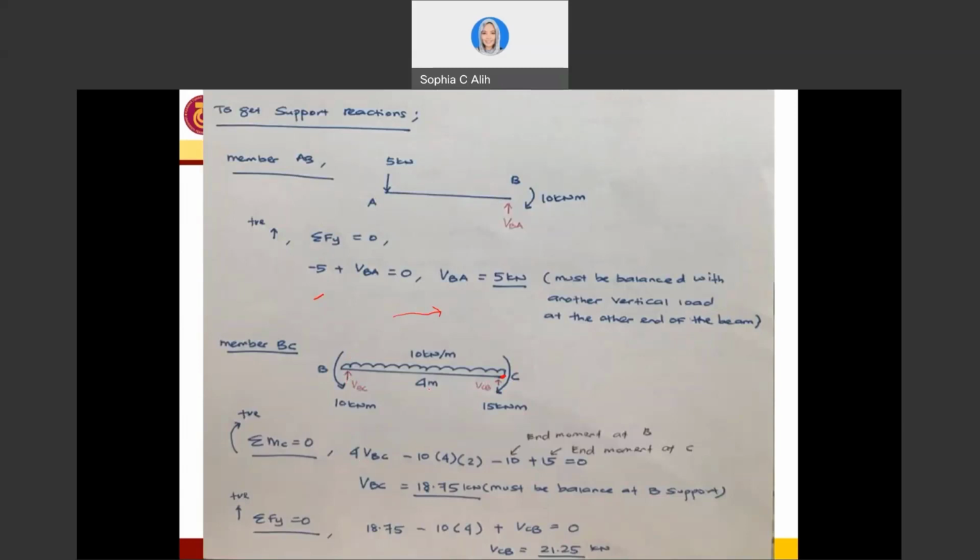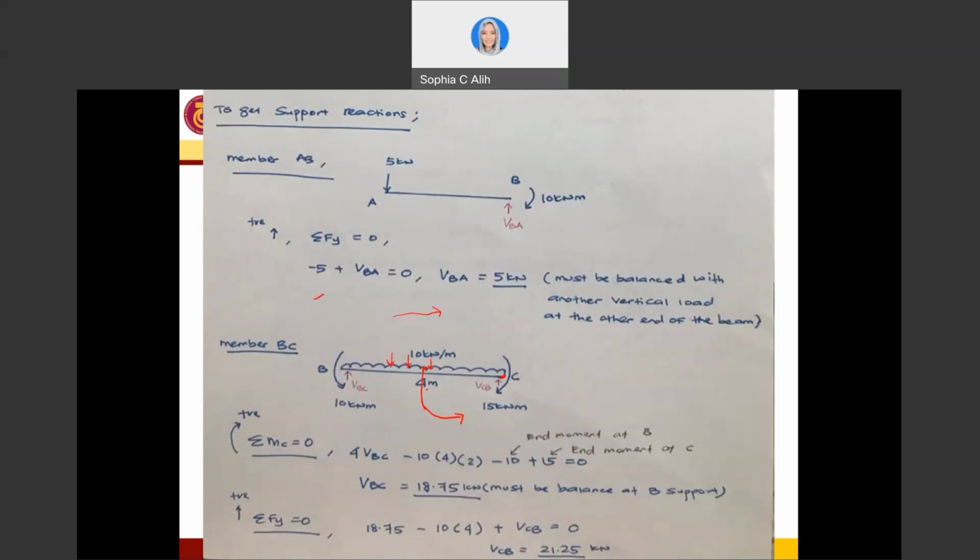So for the moment arm times VBC, then I will have this one pointing downward because this is the uniform distributed load. For this uniform distributed load, I will have at the midspan here, it's acting in it. In order for it to reach C, it has to go this way, so it is going to be counterclockwise. Counterclockwise, so this is why it's going to be negative.